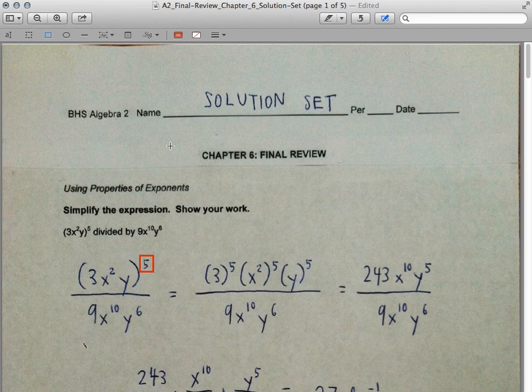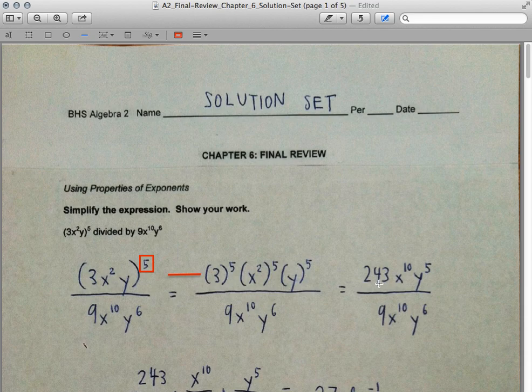So when we have this entire value raised to the 5th power, our property tells us that the same value is 3 to the 5th power times x squared to the 5th power times y to the 5th power. We can then raise each of these terms to the 5th power.